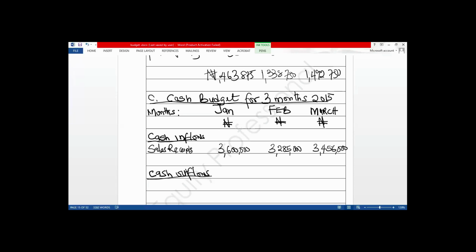That is the collection. That is the inflows to be expected in January, February, March. We now go to the outflow.